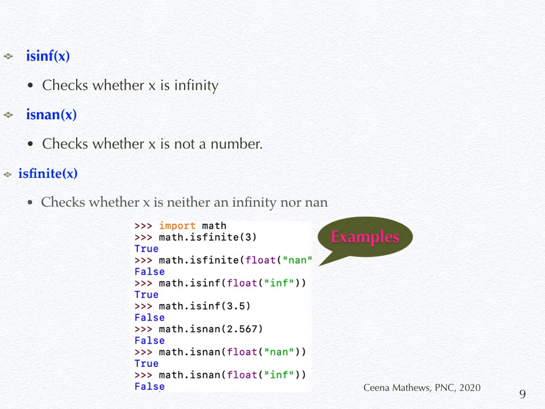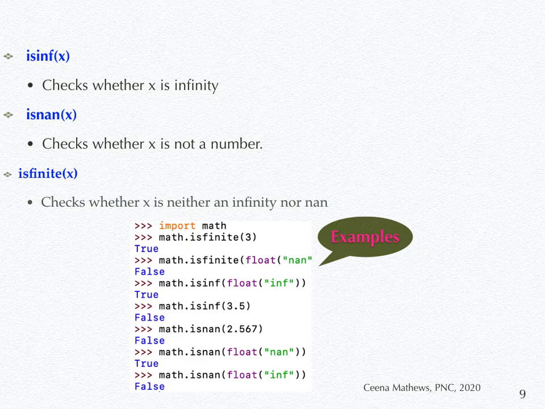It is not a number, is false. Okay. Next example, isnan of float of nan is used. Since this is a nan constant, it will return the result as true. And another example is isnan of float of inf. It is an infinity constant, so it will display the result as false.